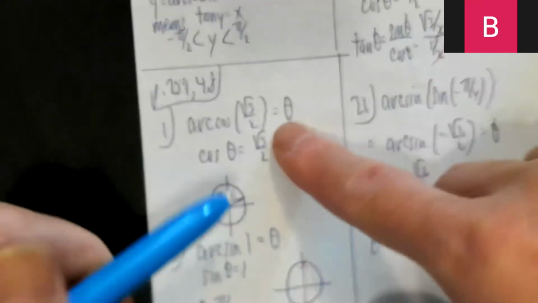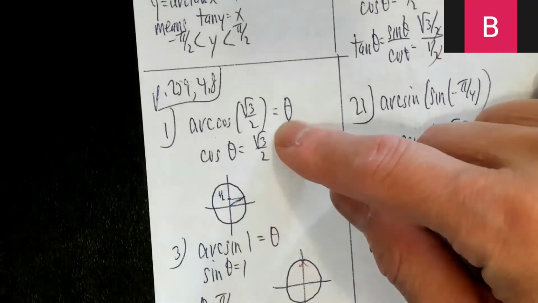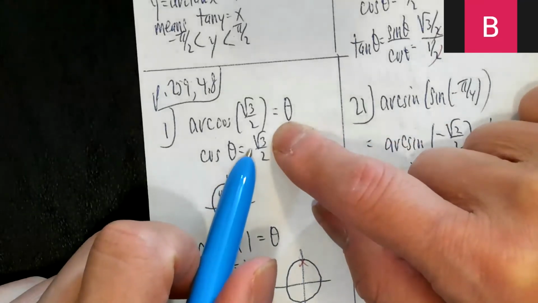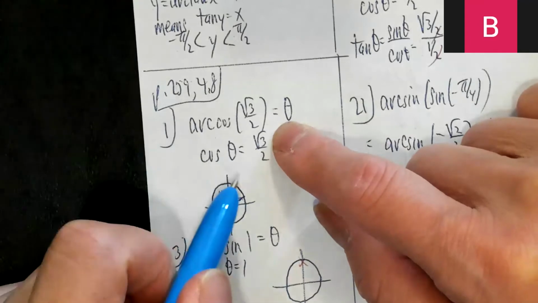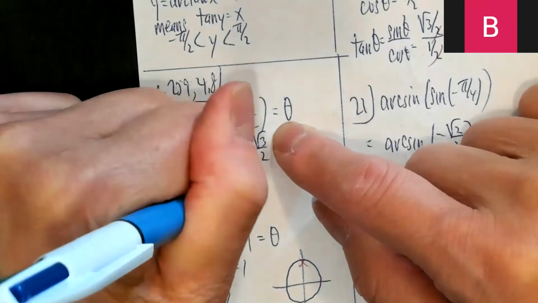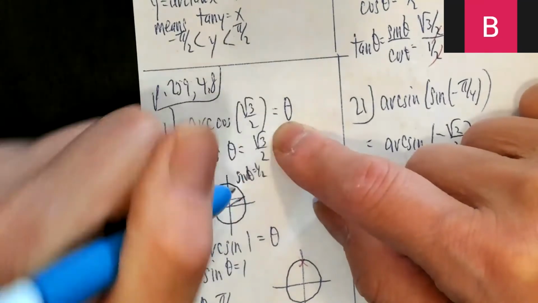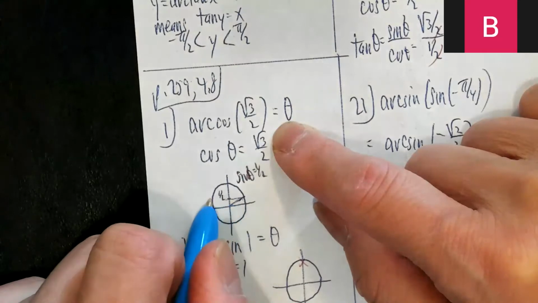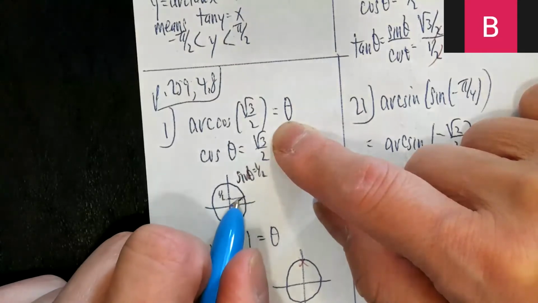All right, so what angle is like that? Cosine means x coordinate. X coordinate is radical 3/2. Well, I know radical 3/2 is always paired with a half. So in my mind, I think sine of theta is a half. So I go halfway up the circle for the y coordinate, and that looks like 30 degrees.